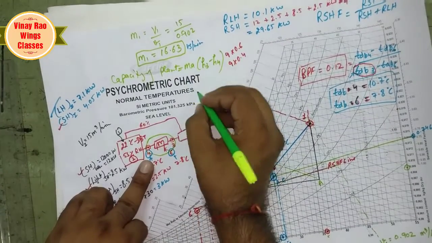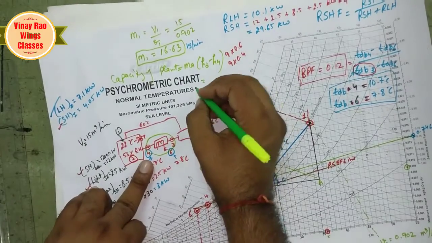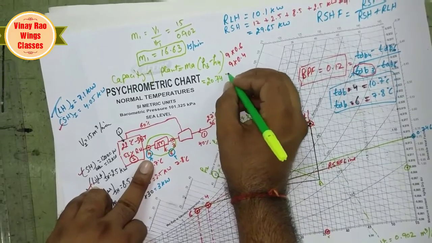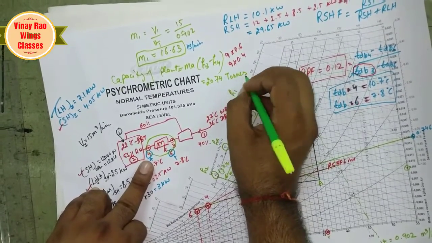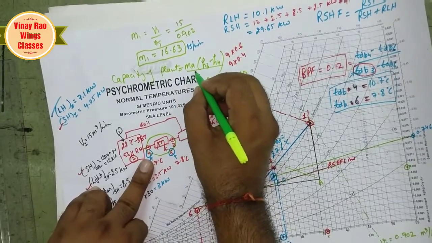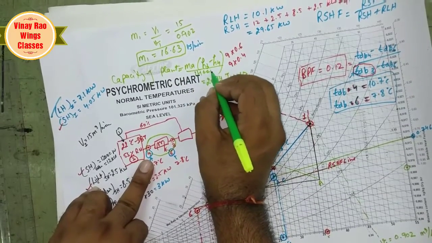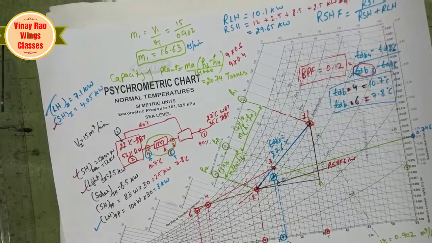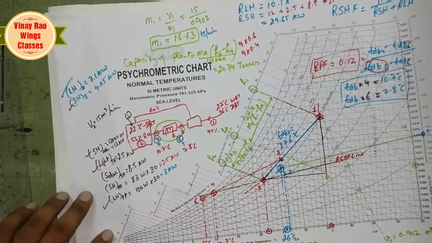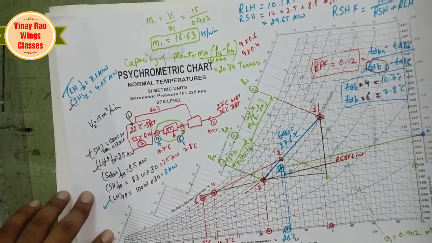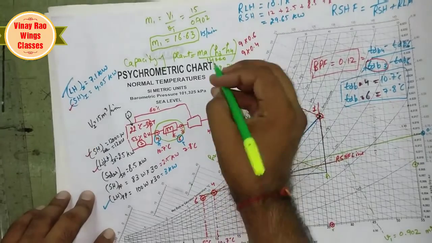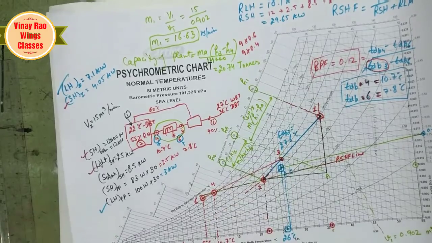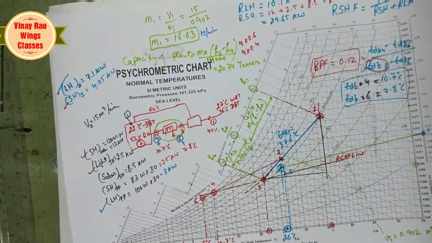We got the result 20.74 ton. It is the capacity of the plant. Because we are calculating with mass in kg per second, to convert into tons of refrigeration we divide by 14,000. So the final result is 20.74.